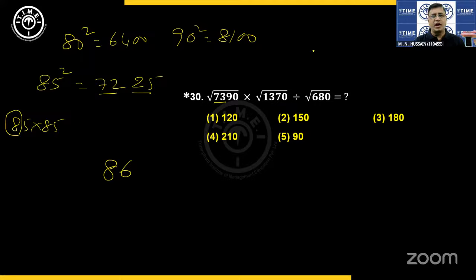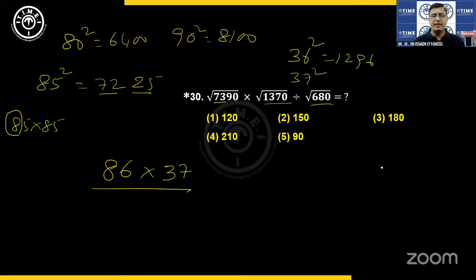In the same manner, if you observe this value 1370. Already we had a discussion in the previous example, 36 square is equal to 1296. Whatever, 37 square is close to that. Now 1379, that is close to 37 square. Divided by 680, it is close to 26 square. The value of 26 square is equal to 576. Sorry, 676. 24 square, 576. 26 square, 676. It's close to 26.